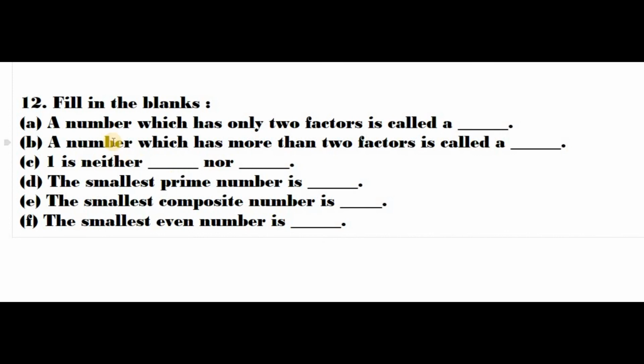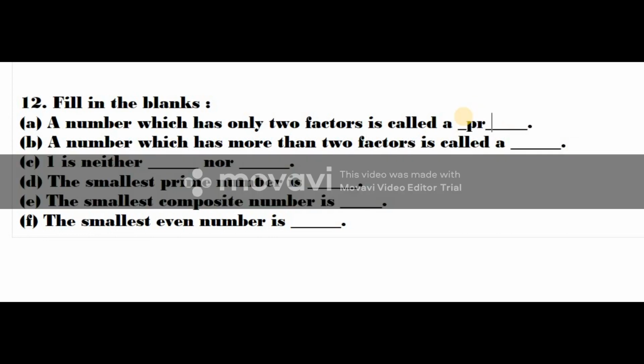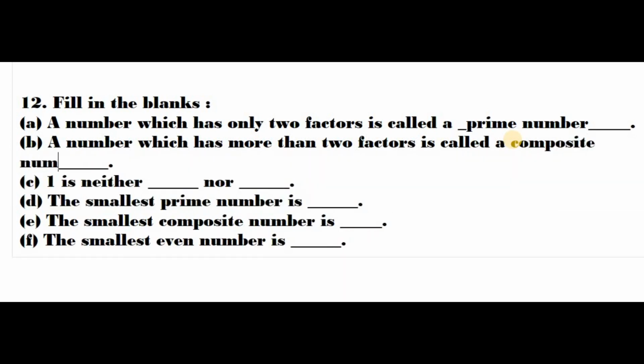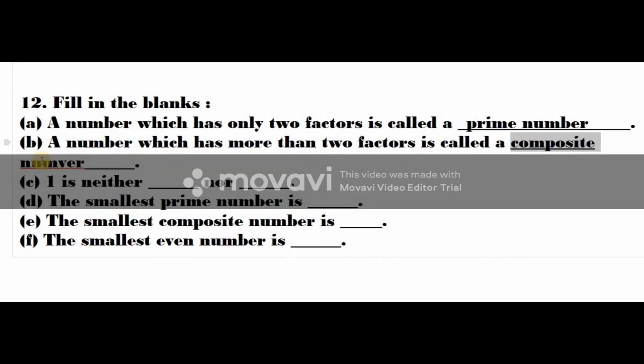Fill in the blanks. A number which has only 2 factors is called a prime number. That's the definition we learned. A number which has more than 2 factors is called a composite number, because these are the definitions we have learnt. I just wrote the number spelling wrong, sorry for that.